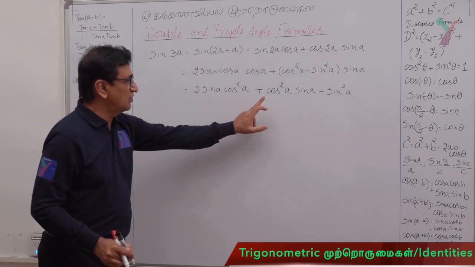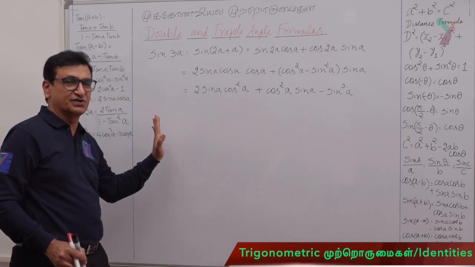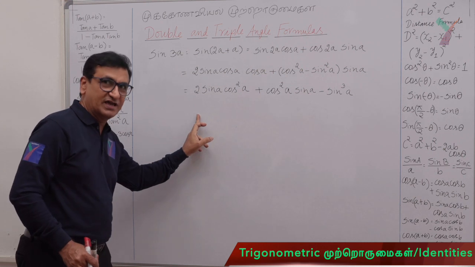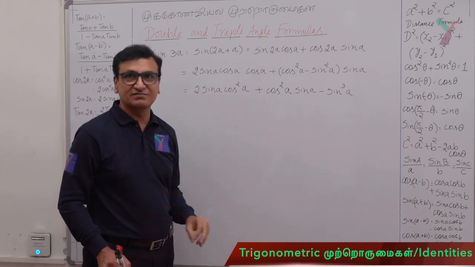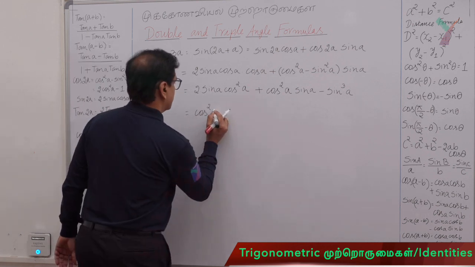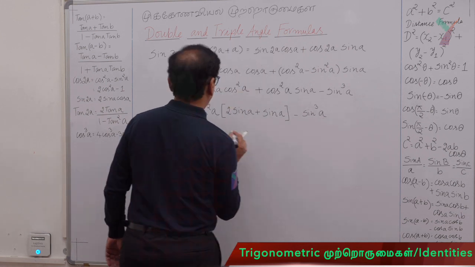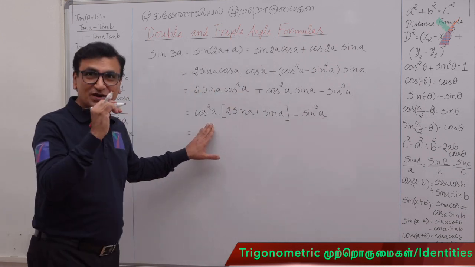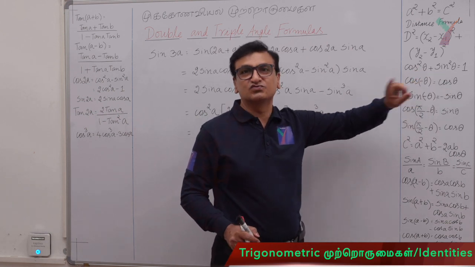So I have 2 cos square A terms. இதுல நம்ம cos square A factor பண்ணி வெளியில எடுத்துட்டோம்னா you will get cos square A multiplied by 2 sin A plus sin A, correct? And cos square A is 1 minus sin square A from the cos square A plus sin square A equals 1 formula.